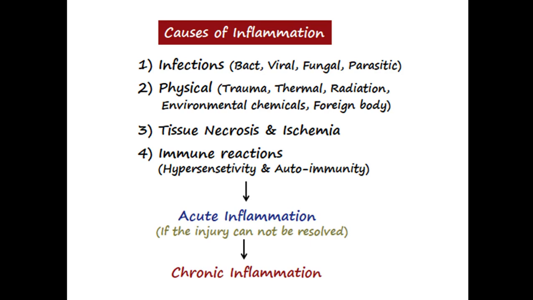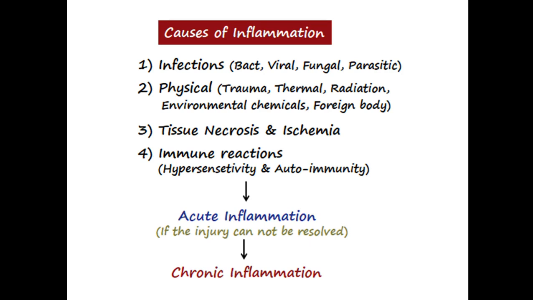The third type which causes inflammation is dead tissue, necrosis and ischemia, when the tissue is deprived of its blood supply. Ischemia is a common cause for the initiation of the inflammatory process, as is necrotic or dead tissue.